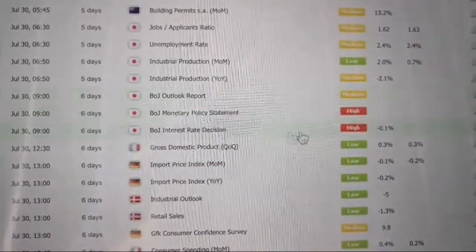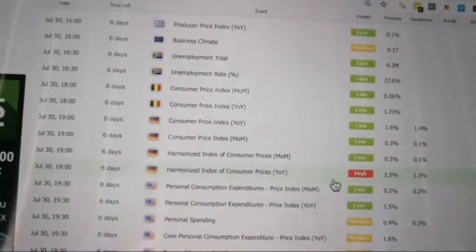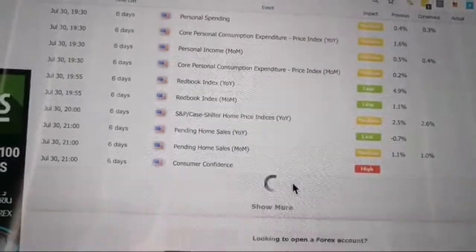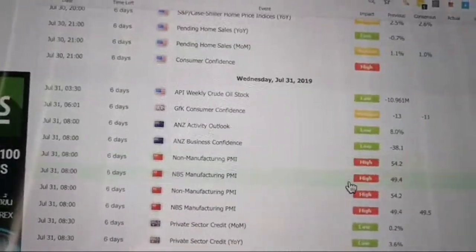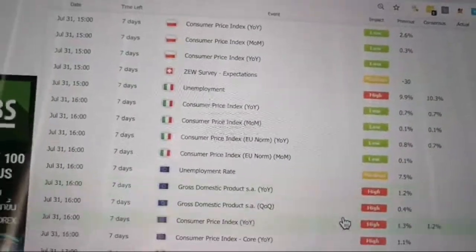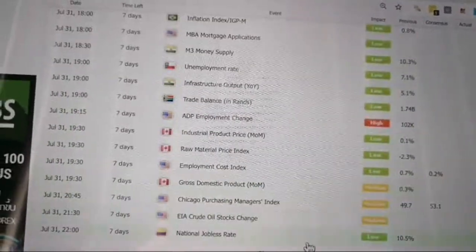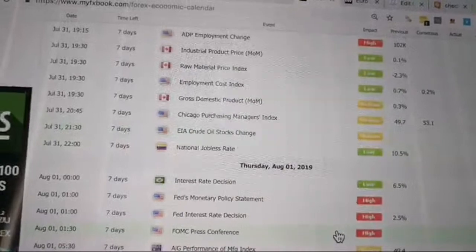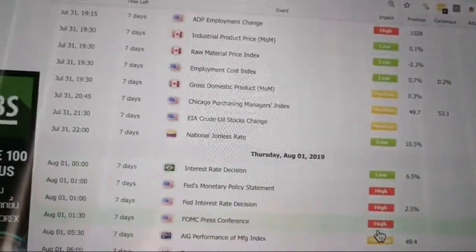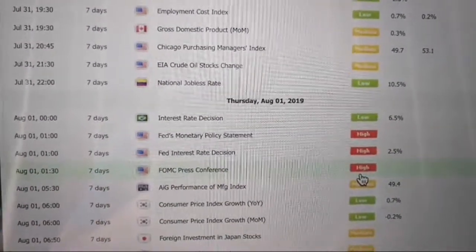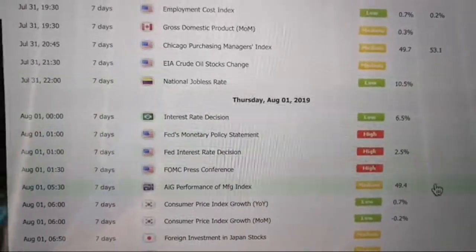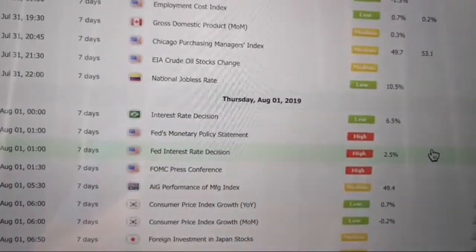BOJ of course is going to have some gravity on it because USD JPY is a highly traded pair. And European GDP could actually do something to it as well, as well as the FOMC press conference about a week from now. So this Thursday, next Thursday, all very important.